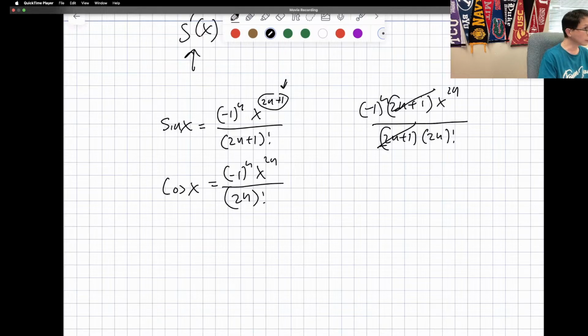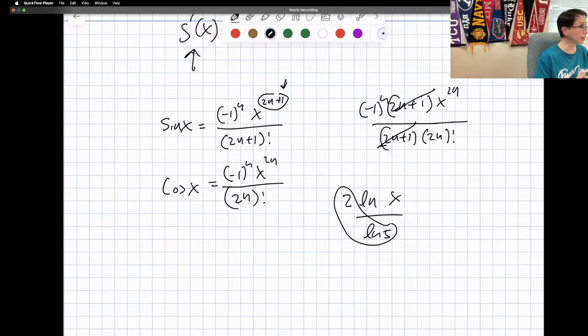Remember, with natural log of x over natural log of 5, like 2 over natural log of 5, we don't really take care of anything else. It doesn't really matter. We just take a derivative of natural log of x, and 2 over natural log of 5 just multiplies at the end. So that's the same thing. And then for the negative 1 to the n, you can just keep that, because that still stays there. That's technically a constant.